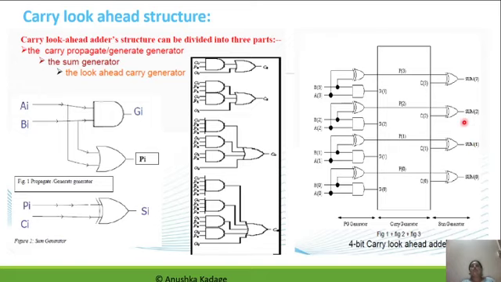In the same way, for the next bit positions, this addition operation has to be done. That's why we say that in this carry look ahead structure, we will have the carry propagate generator, then the carry generator, and then the sum generator will finally give out the result.